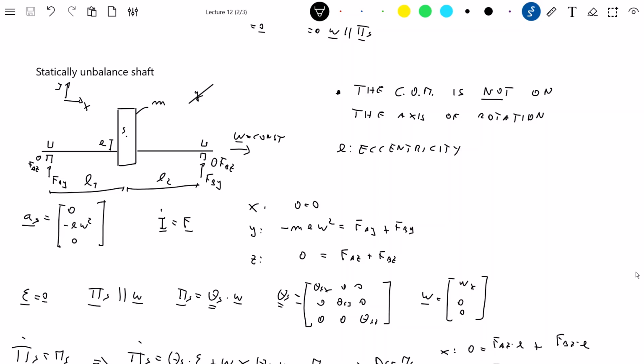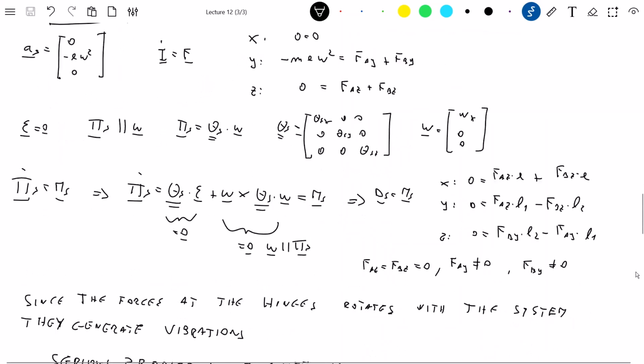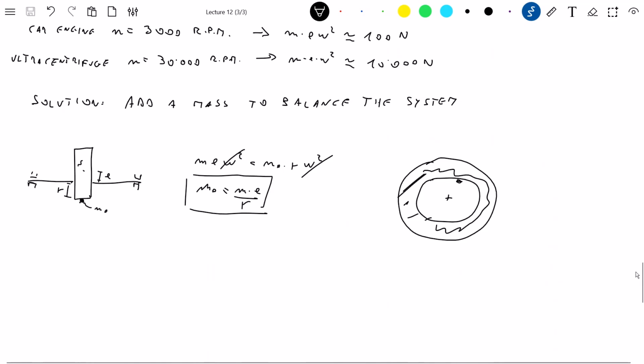If this body is hinged here and not spinning, the center of mass will just stay under the axis of rotation. That's why it's called statically. It's arguable if statically is a good name, but that's the name given to it.